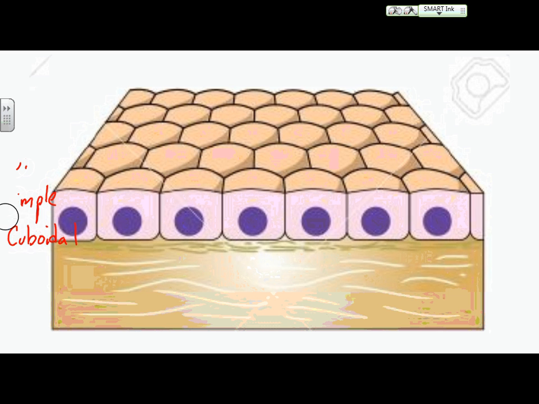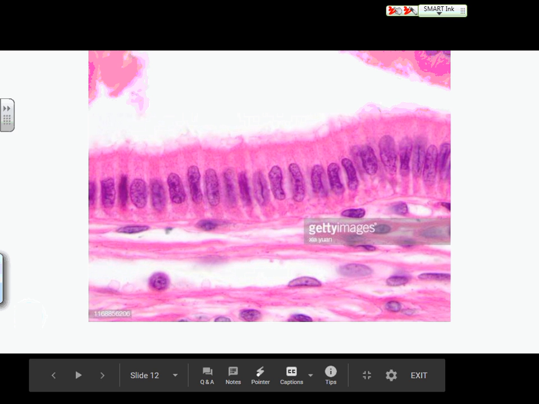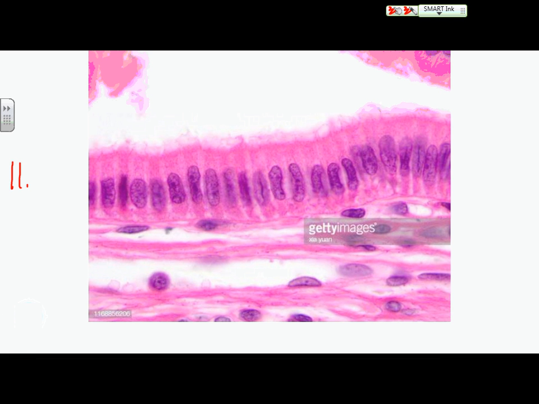And number 11. Definitely looks like column-shaped cells to me. All the cells look nice and organized and neat in one layer. And I'm going to think this is simple columnar. And what's really going to clinch it for me is looking at the surface.